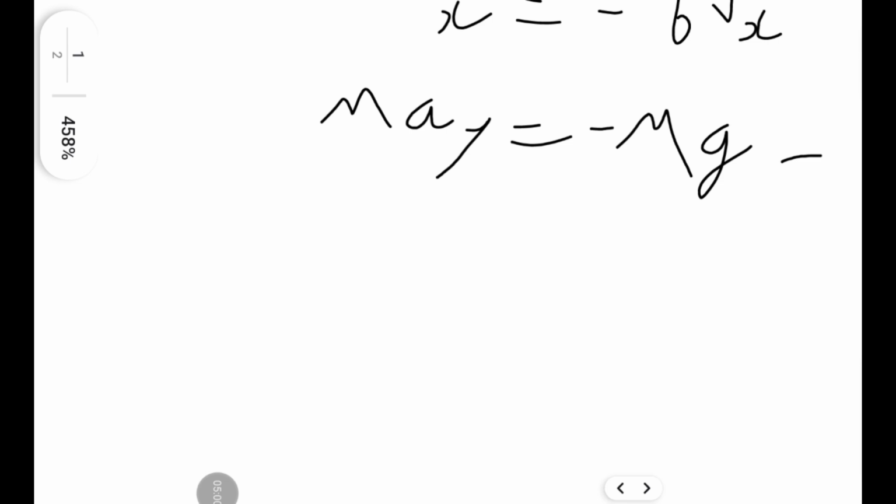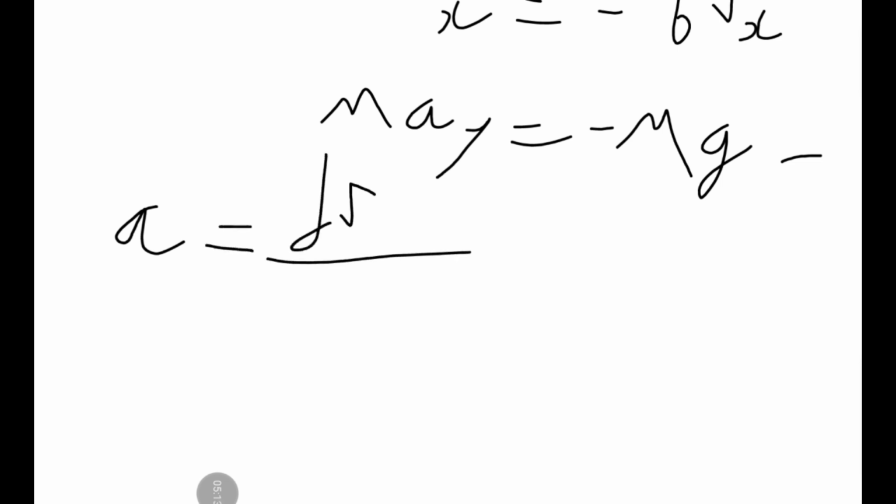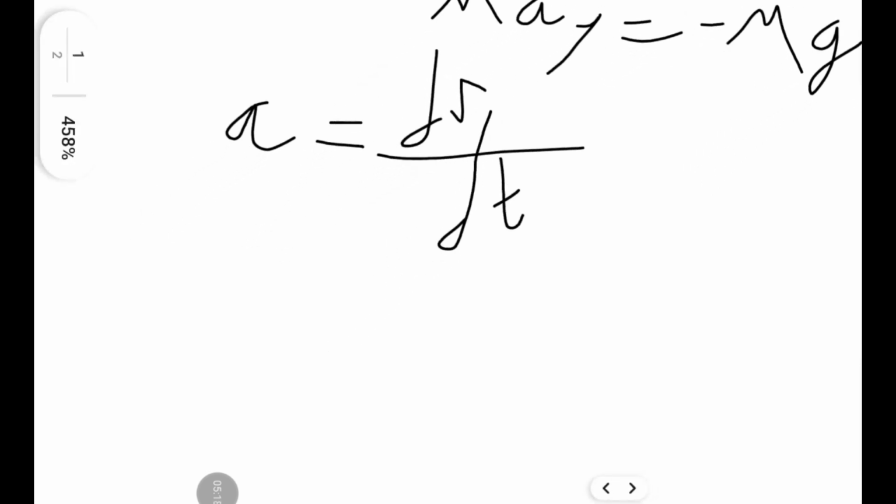So for the next part now, what we want to do is look at this in terms of calculus. We know the formula for acceleration. It's equal to dv by dt. It's the derivative of velocity with respect to time.